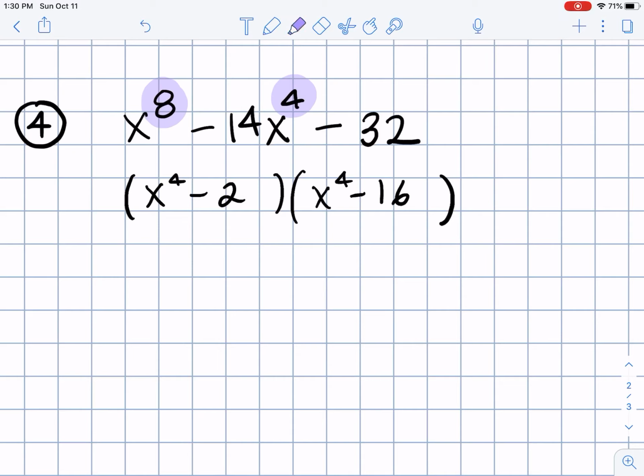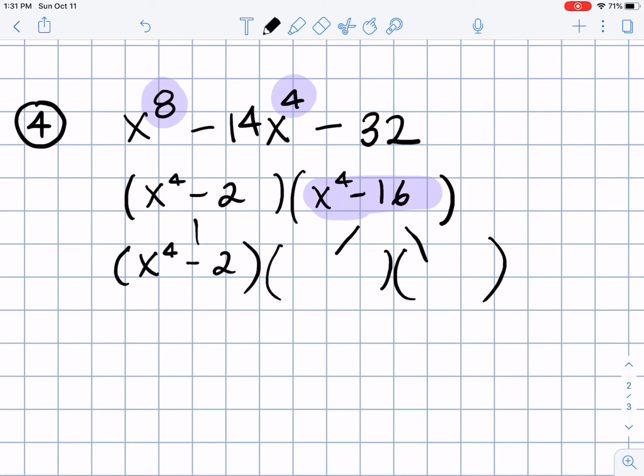Do you guys agree with that? Oh, but here's why I was so sinister. Do you guys see x to the fourth minus 16 is a difference of two squares? Well, let me just factor that real quick. X to the fourth minus 2 is not a difference of two squares because 2 is not a square. But when I factor this, I'm going to get x squared plus 4 and x squared minus 4. Oh, no. You didn't.